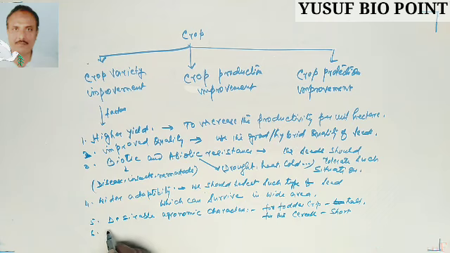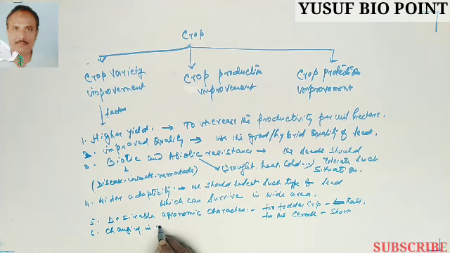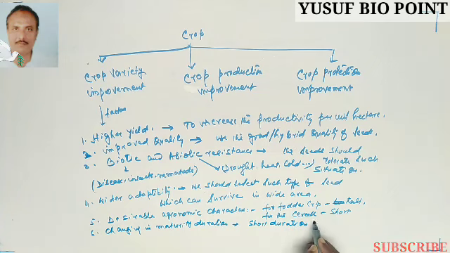One is change in maturity duration, which means short duration crops should be used, which can yield in a short time.